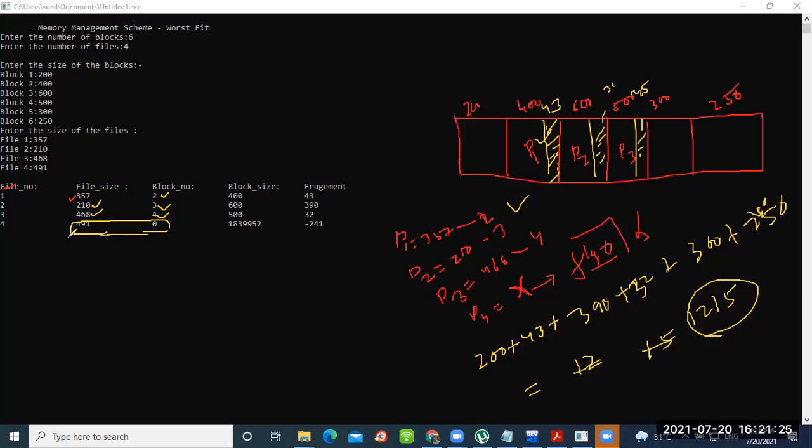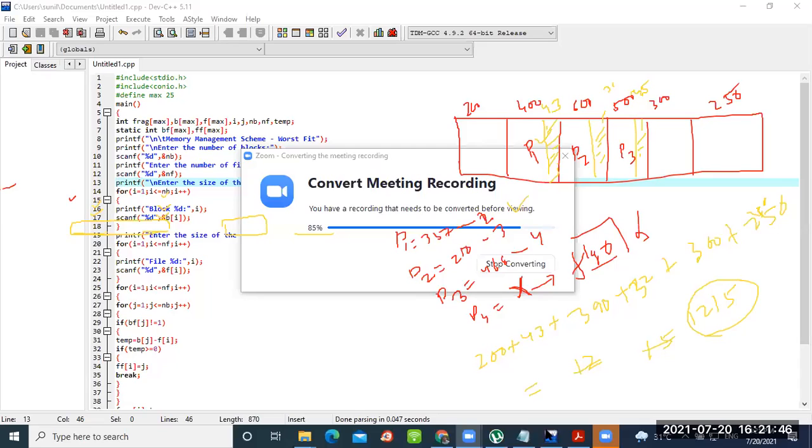P4 is not allocated to any block, but the block size is saying that this block size is left, and this is segmented memory minus 241. Okay, so let me check the code. What is written for the else part? I will check the changes in the else part.